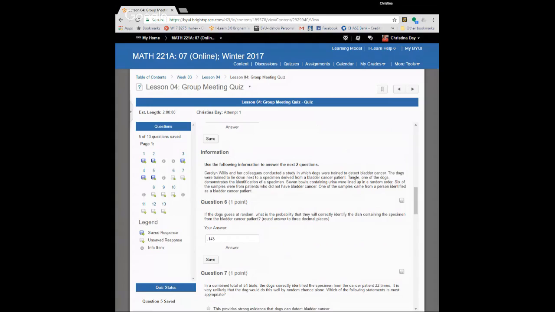So if there's 7 bowls, yes, it's a 1 in 7 chance that they're going to get it right. So you take 1 divided by 7. I get 0.143 with it being rounded.